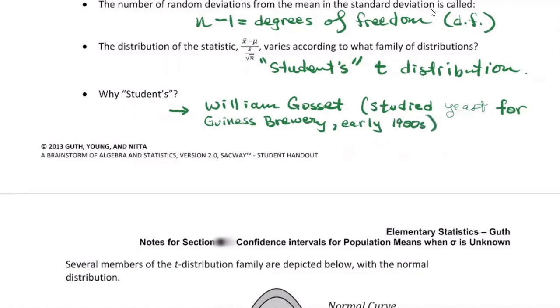And just making beer, he invented it, but published under this pseudonym.